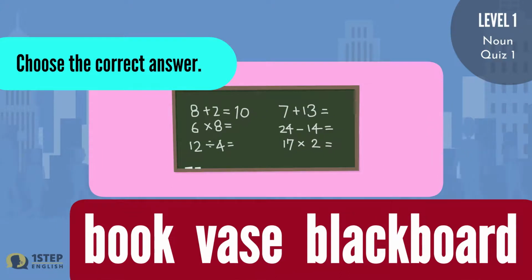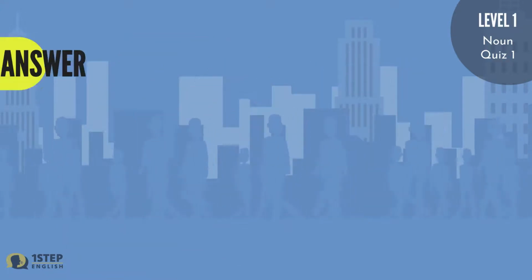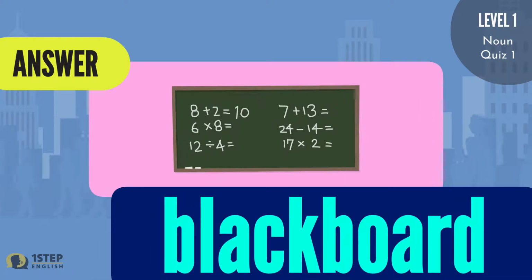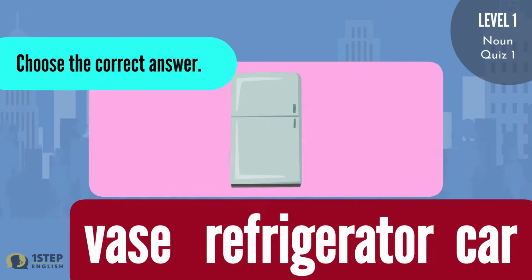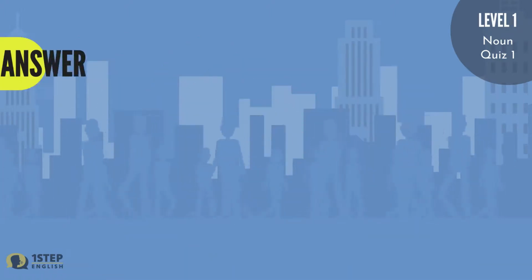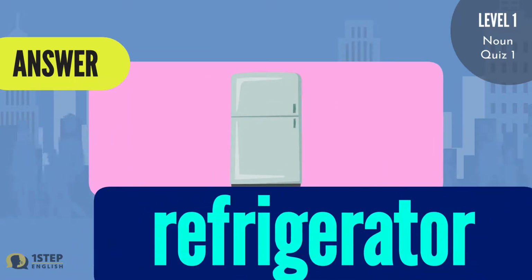What is this? The correct answer is blackboard. What is this? The correct answer is refrigerator.